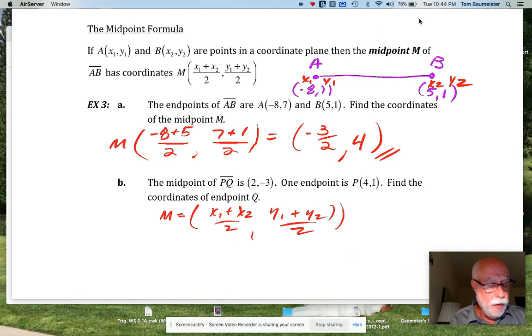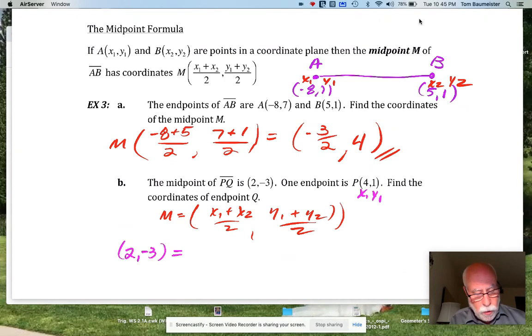So I'm going to say (2, negative 3) is equal to, now I'm just going to choose one of them to be x1, y1. So we'll call this x1, y1. You could have called it x2, y2 if you wanted to, but we're just going to plug it in here.